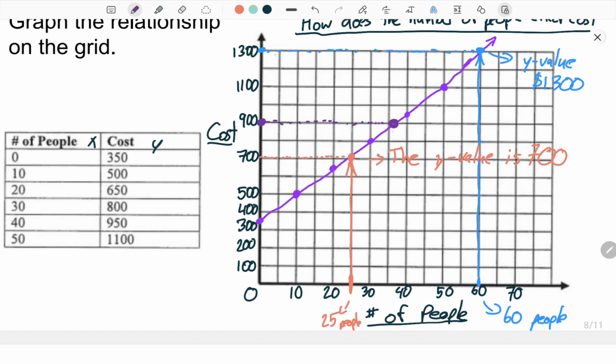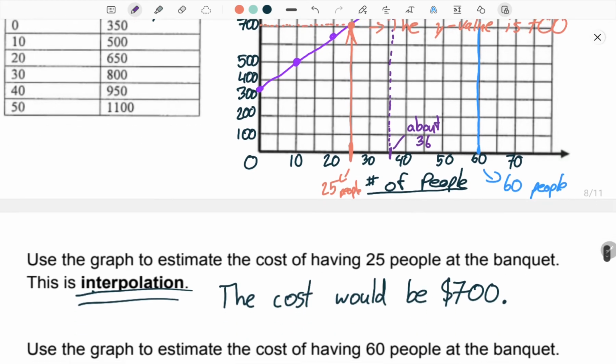And so then we see what the corresponding X value is. Again, using a ruler will allow you to get this as exact as possible. And you can see it's just a little bit past 35. It's slightly to the right of that particular part. So I'll just say about 36.